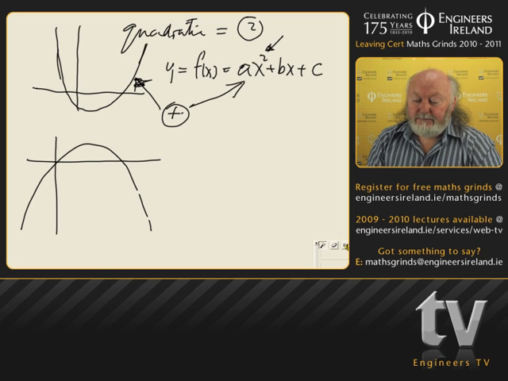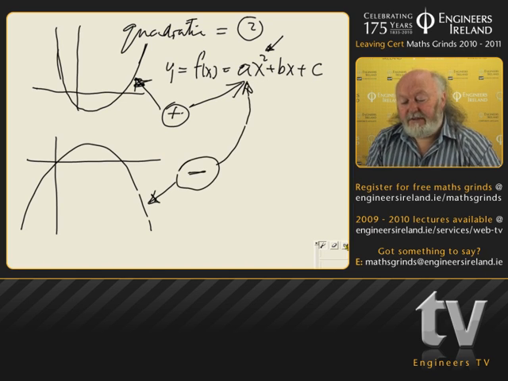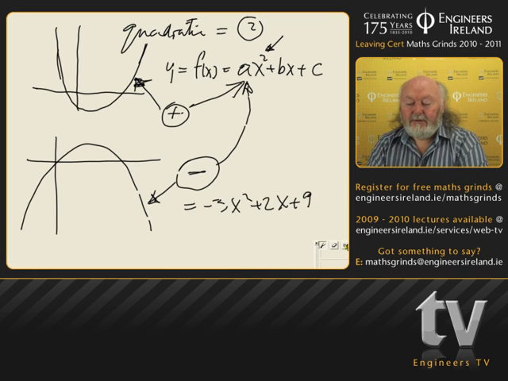The upside down one, this one, happens when we've got a number here that's negative. For example, minus. It's going to look like that. So, where are the roots?